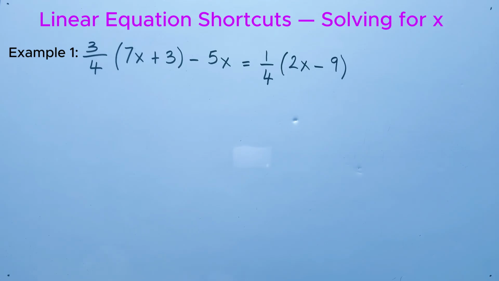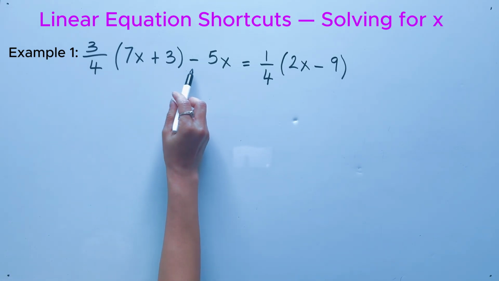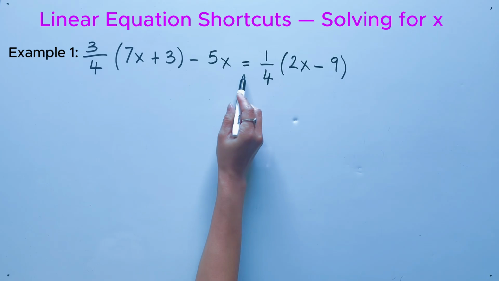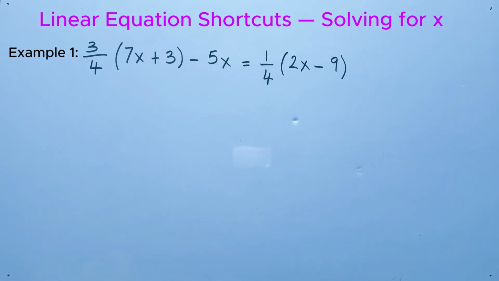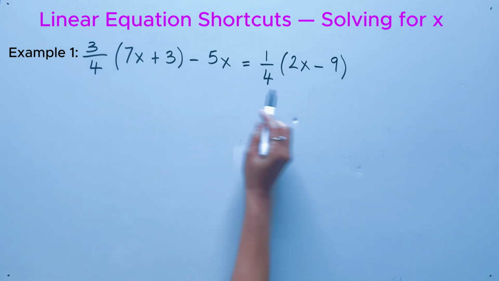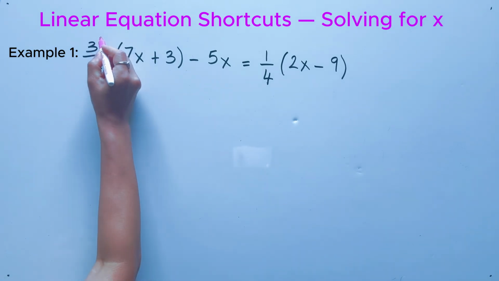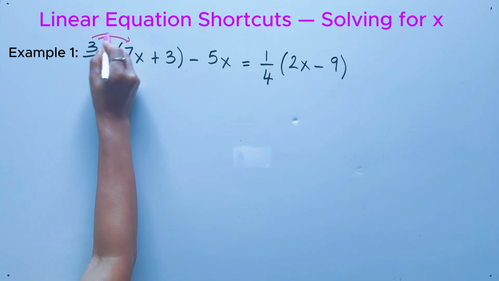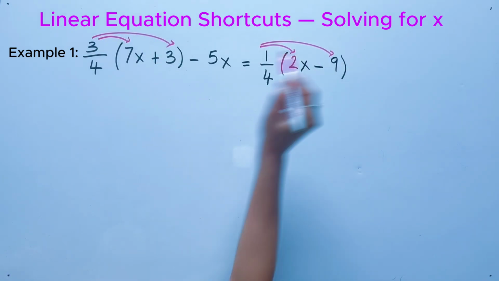Let's get started. The first one is 3 over 4 times (7x plus 3) minus 5x equals 1 over 4 times (2x minus 9). So when you see this kind of problem, the first step is you distribute this in.